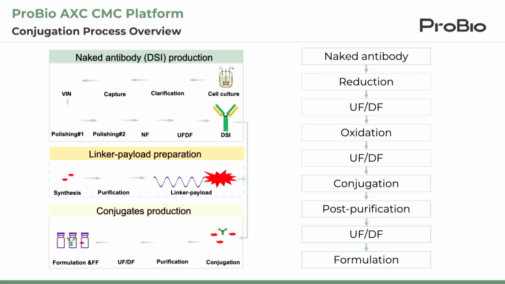The second part is the preparation of the linker payload, followed by the conjugation production. Generally, with respect to the conjugation process, there could be multiple steps involved, such as the reduction, buffer exchange, oxidation, buffer exchange as needed, conjugation, post-purification, buffer exchange, and formulation step.